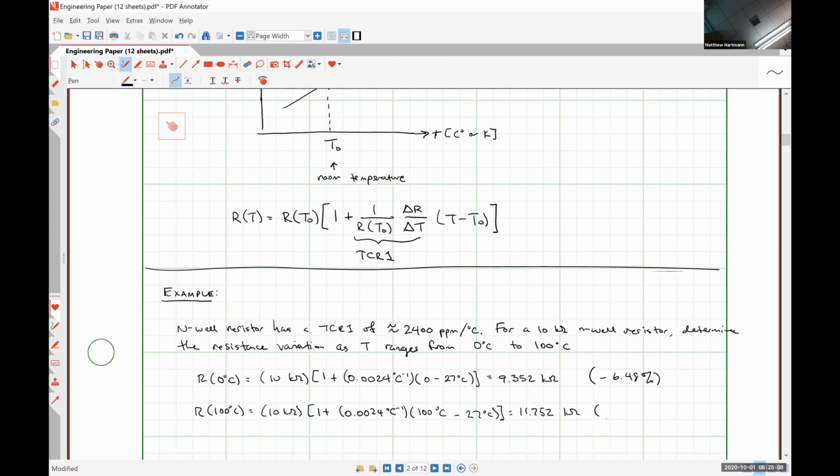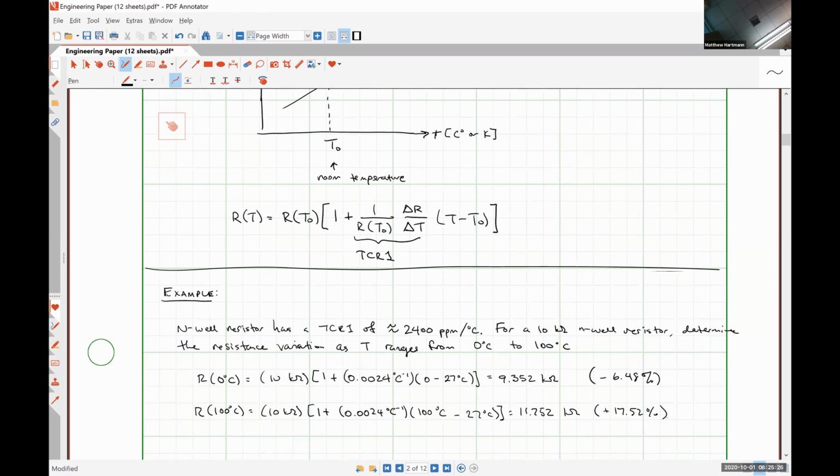So it's jumped up quite a bit, an increase of positive 17.52%.